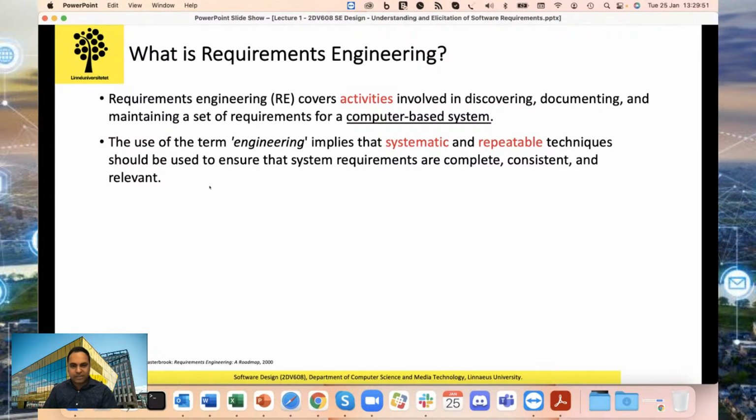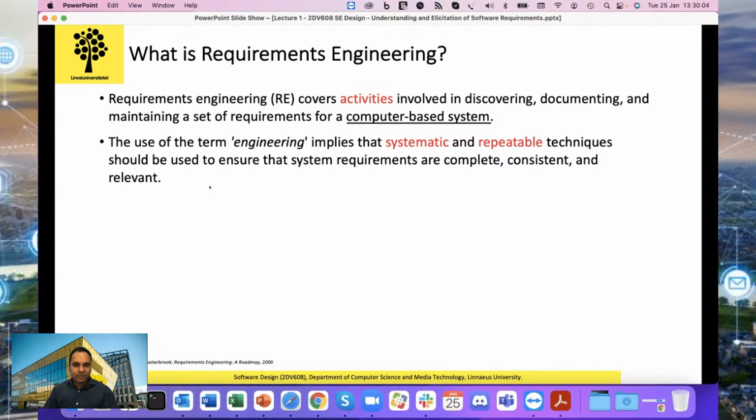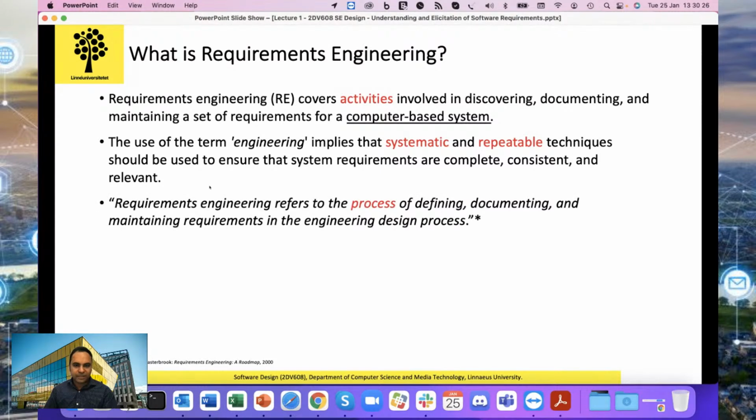That is the key feature of any engineering discipline. Any action or item that we are producing should be repeatable, and this repeated action should produce the same result. And that's how requirements engineering became known, similar to other engineering disciplines like mechanical or electrical or chemical and so on.